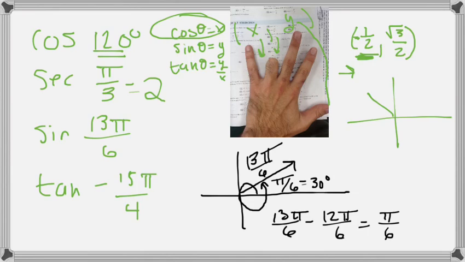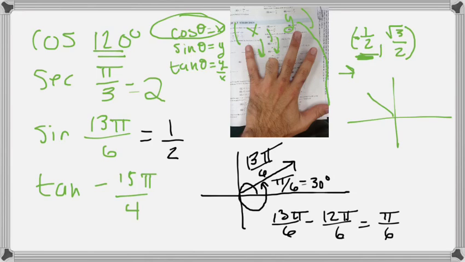So pi over 6 is coterminal with 13 pi over 6. What is the sine of 13 pi over 6? Well, guess what? It's just the same thing as the sine of 30. So what's the sine of 30? Okay, that's equal to 1/2. Okay, hold on, we're not done.